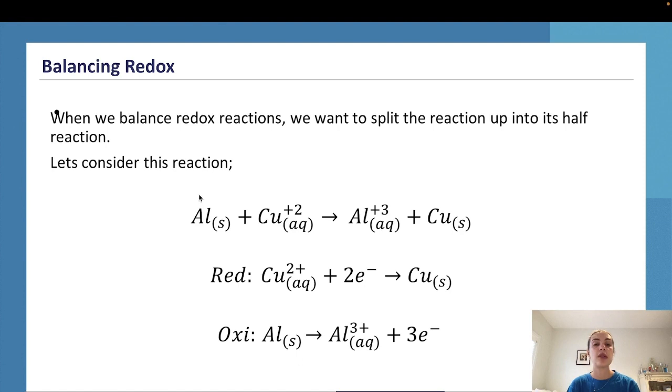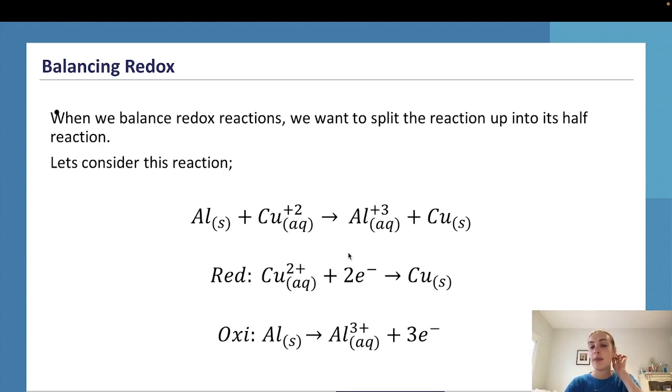So it's going from 0 to +3, which means it is losing 3 electrons. It's being oxidized. We're taking away negative charge from it, so we're taking away 3 electrons, and that's going to give us a +3 charge. So our oxidation reaction is aluminium makes aluminium 3+ plus 3 electrons, because we need to have the charge balanced on both sides.